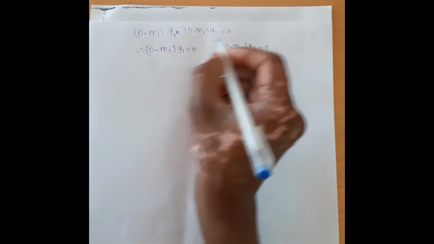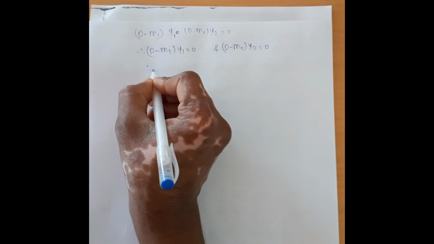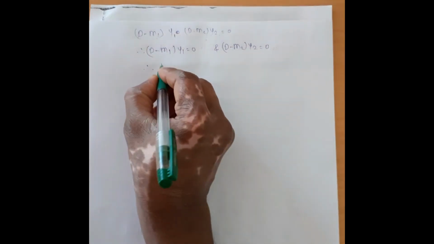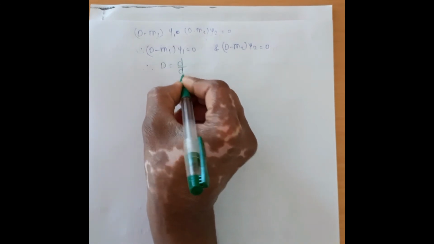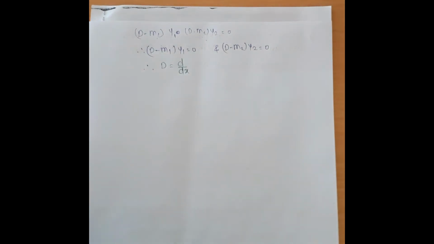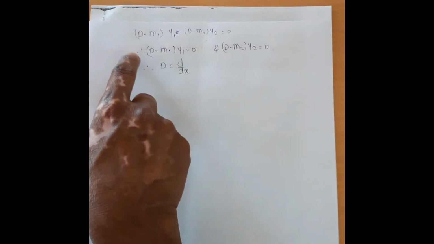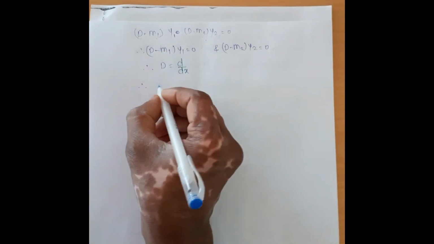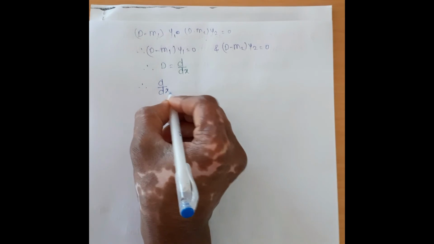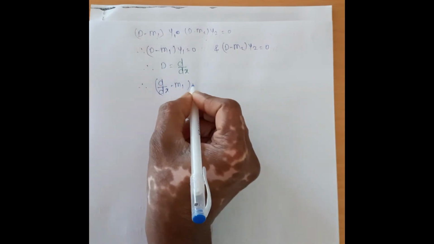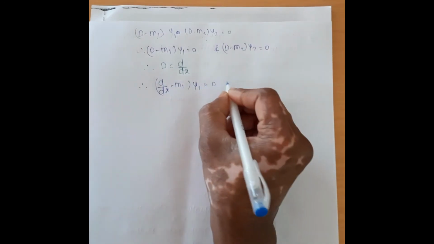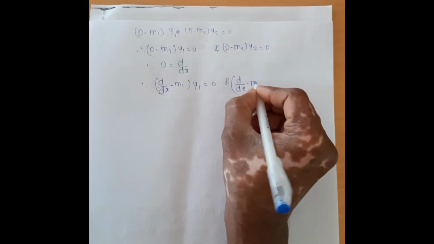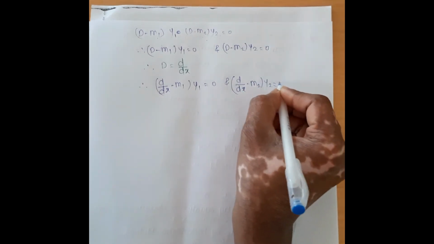You already know the definition of D: D is equal to d by dx. So now we modify these equations; instead of D we substitute d by dx. So (d by dx minus m1) of y1 is equal to 0 and (d by dx minus m2) of y2 is equal to 0.